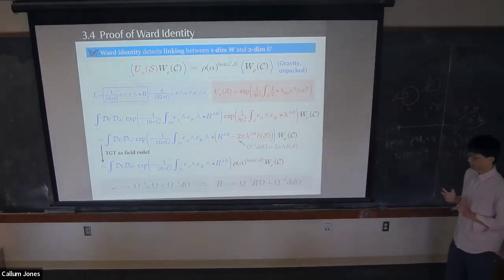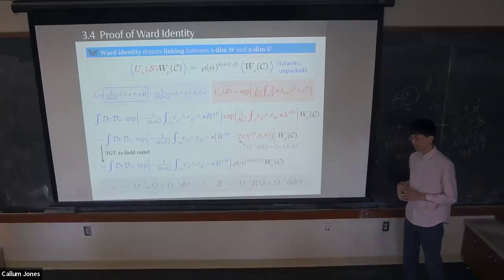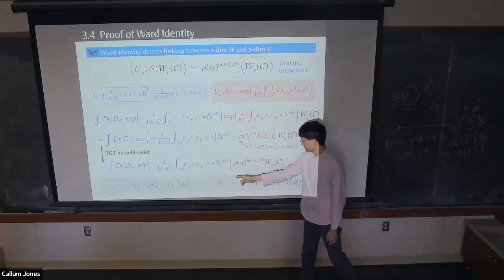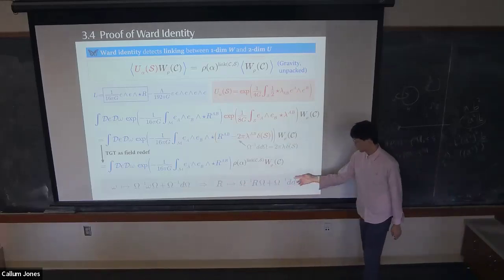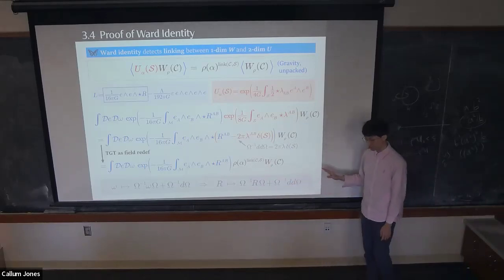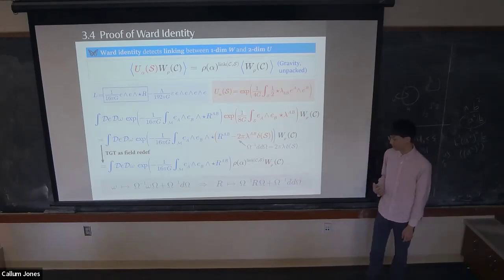And now I perform a twisted gauge transformation, a twisted local Lorentz transformation, on the spin connection. What we get is the transformation of the Riemann curvature with this additional omega inverse d d omega term, which would vanish if this omega was single valued.